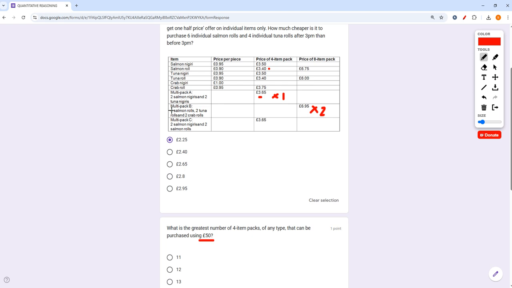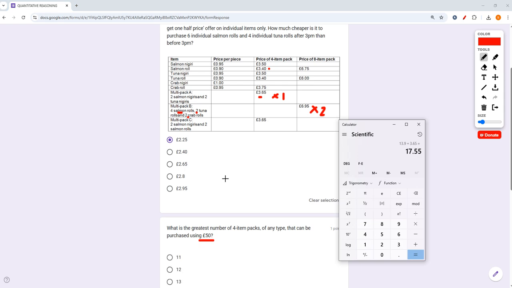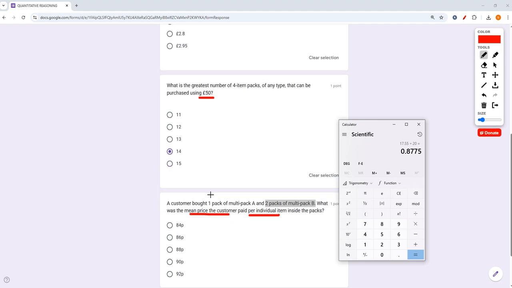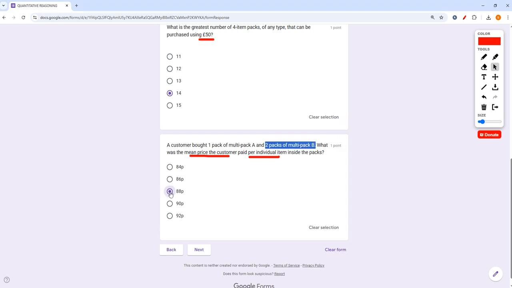How many items in one multi-pack B? 4 plus 2 plus 2, 8. There are 2 of them, 16, plus 2 plus 2, 4, 20. So 17.55 is the total price I paid. I will divide that value by 20, which is 0.8775, so 0.88 or 88 pence. That's the answer.